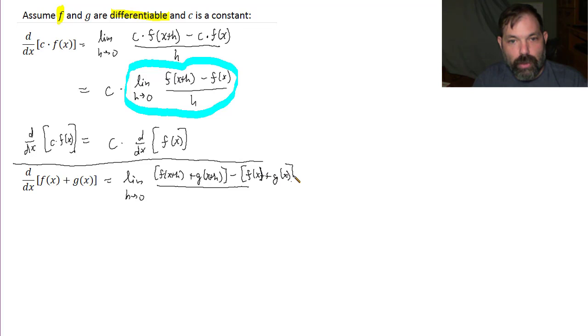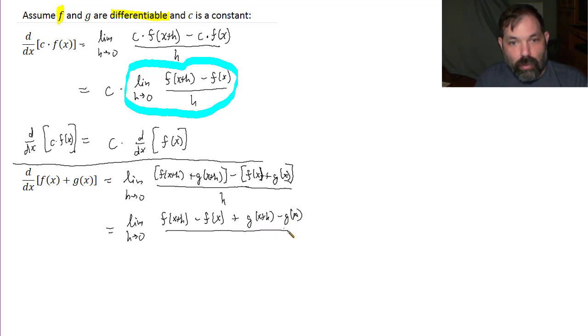Careful with notation here. All over h. Well, I can rearrange things if I want. I can rearrange the terms. This is then the limit with h approaching 0 of f of x plus h minus f of x plus g of x plus h minus g of x over h.